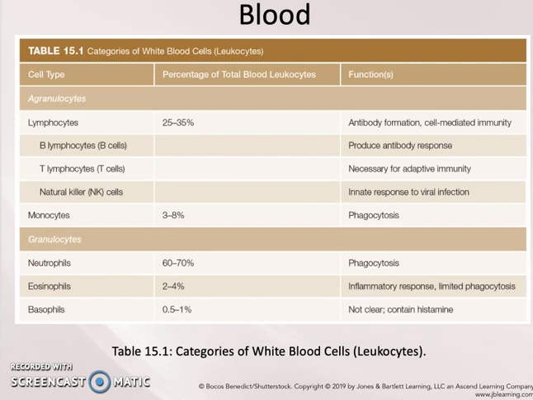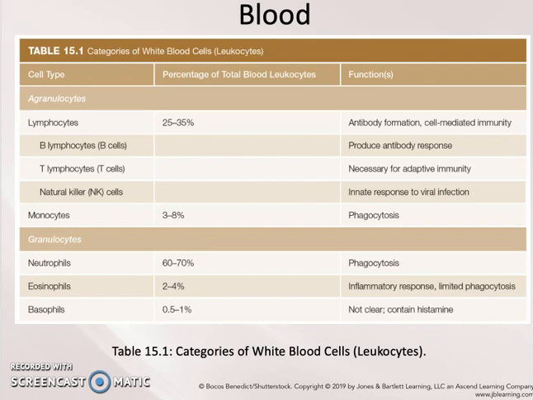Of these different types of lymphocytes, there are three different kinds: B cells and T cells, as well as natural killer cells. The B cells and T cells are the only cells of the white blood cell contingent that are involved in adaptive immunity. All the other cells listed in this chart that we are going to go over are part of the innate defense mechanisms.